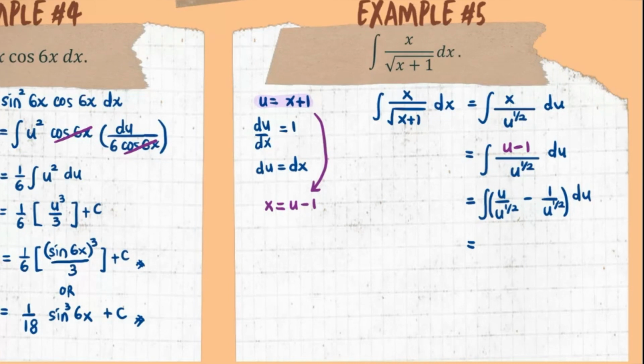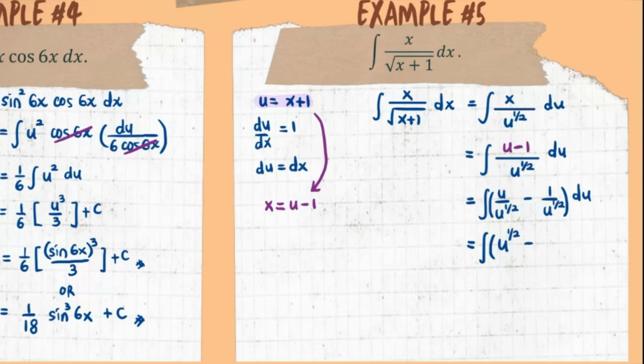So kita tengok dia akan jadi macam ni tau. So U kuasa 1 bahagi U kuasa half. Simplify dapat apa? Tolak, madam. Yes, kita akan tolak power dia. So 1 tolakkan dengan half, it will be half sahaja.